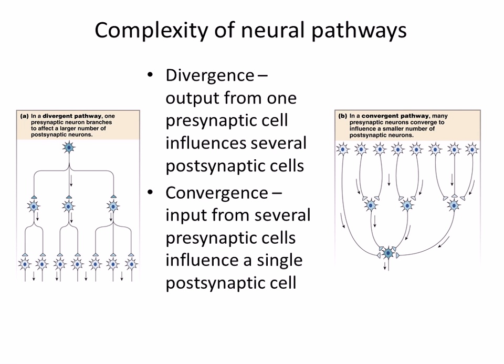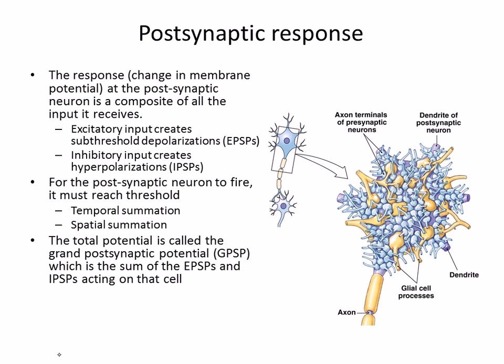But similarly, you can have neurons in a convergent pathway, and both can exist simultaneously. You can imagine a neuron that's acted on by multiple neurons simultaneously. Thinking about how neural pathways are organized allows us to understand how our neurons respond, what we refer to as the postsynaptic response.